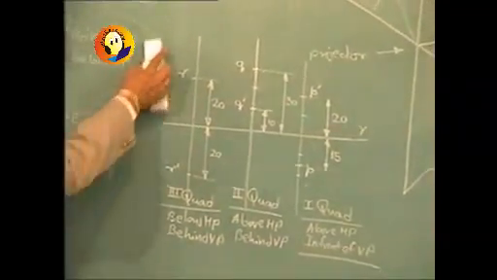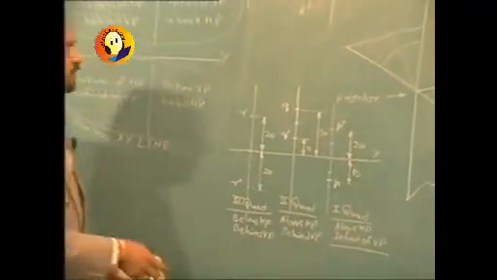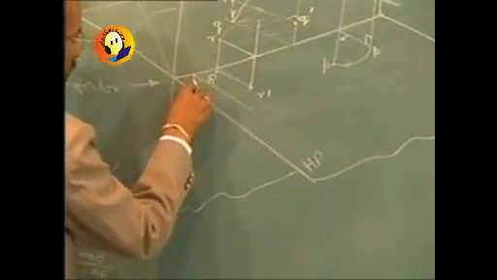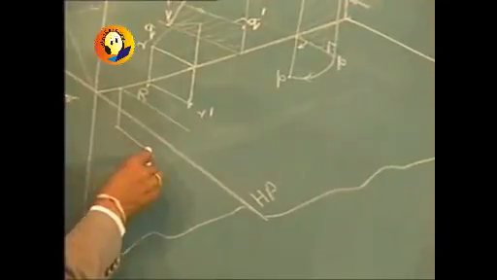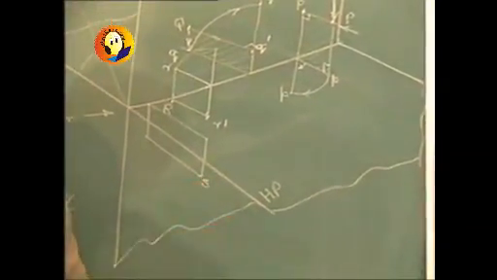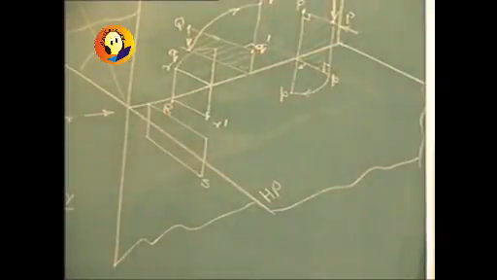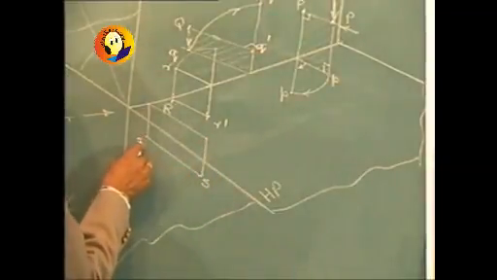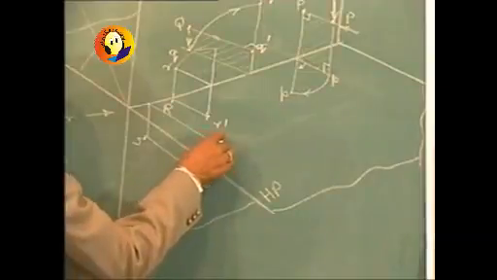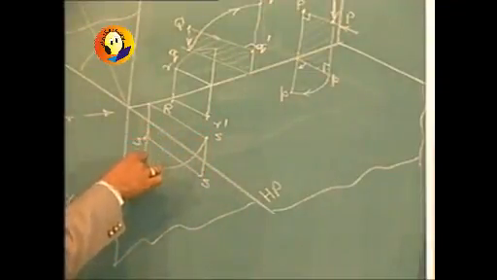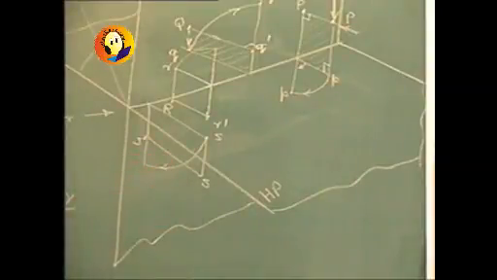And then if we proceed further to one more point, say point S. Point S, I am going to define it in the fourth quadrant, that is in front of VP and below HP. Say it is 30 in front of VP and 20 below HP. This will be point S dash and this will be point S, and after rotation S point will just go below S dash.